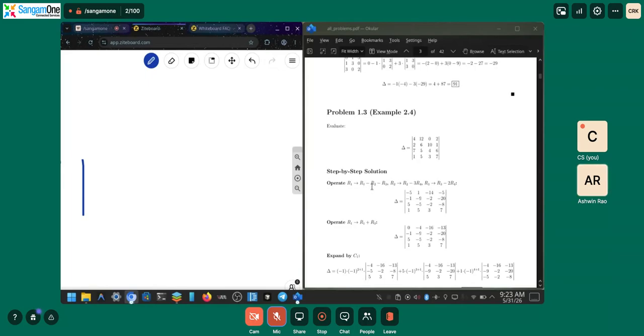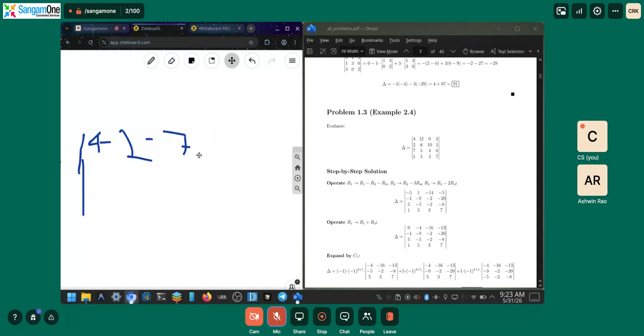Which corresponds to R1 minus R2, which means this is row 1. 4 is this row 1. 4 minus 2. Then minus R3 means minus 7.